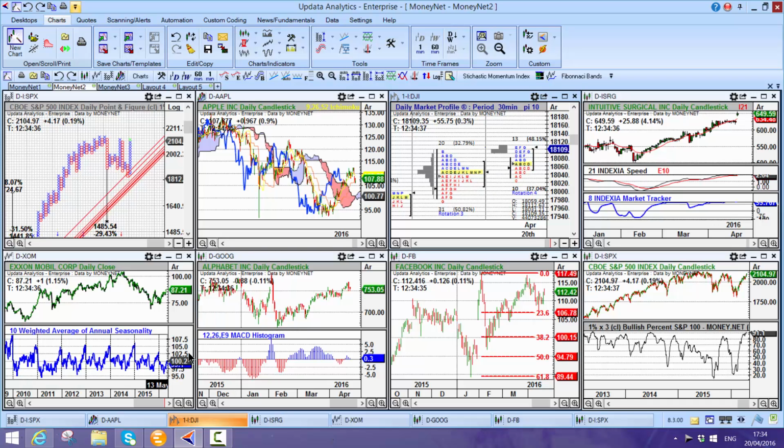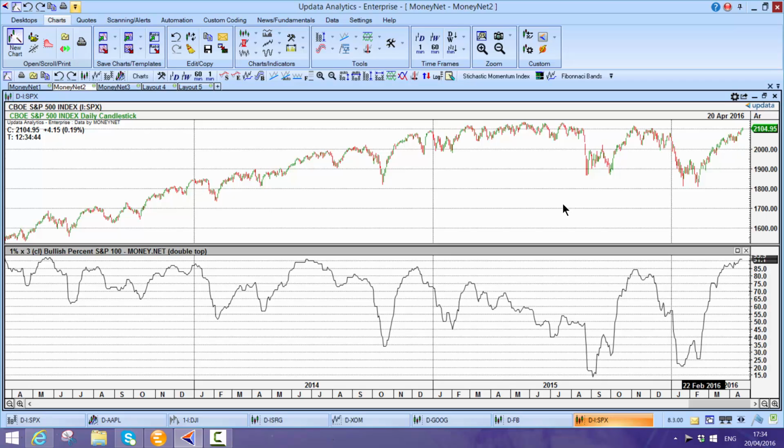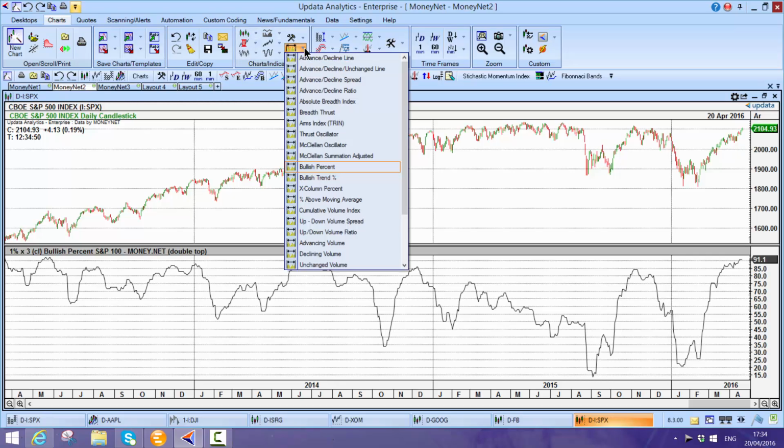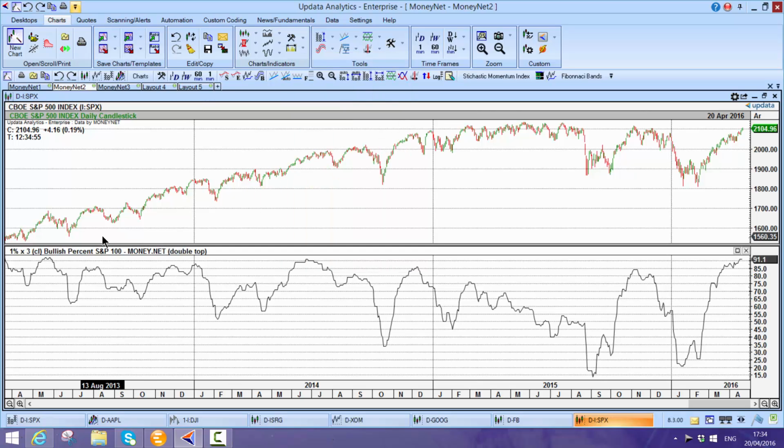Things like seasonality charts, of course, Fibonacci retracements, every technical tool you can really think of. This one here, for example, is a bullish percent indicator. These are all market breadth indicators, and lots of those available. Advance declines calculates that on a list of stocks on the fly.